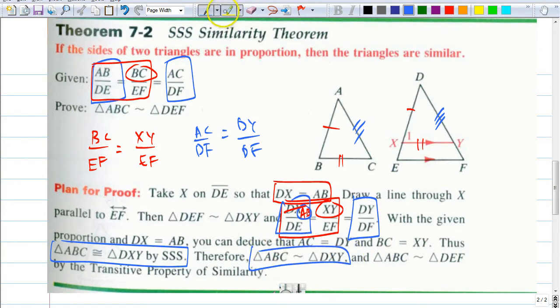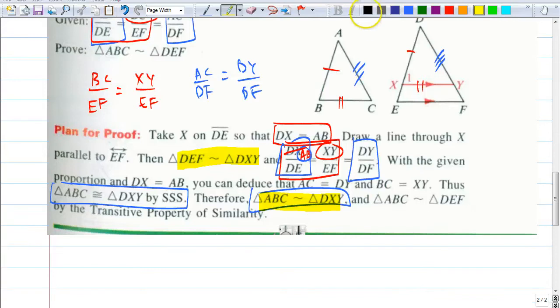And what else do we know? DEF is similar to DXY. So guess what? ABC, by transitive property of similarity. What do you know about ABC? So let's write this down. We got triangle ABC similar to triangle DXY.